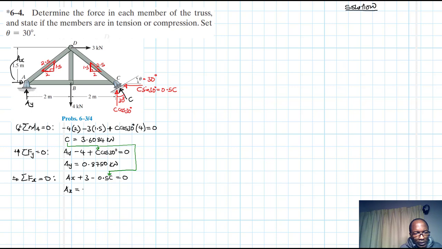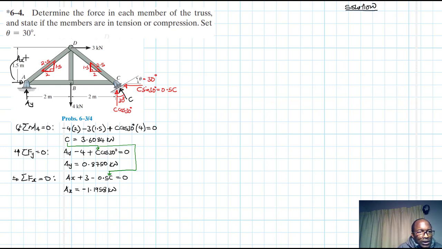So AX is equal to minus 1.1958 kilonewtons.